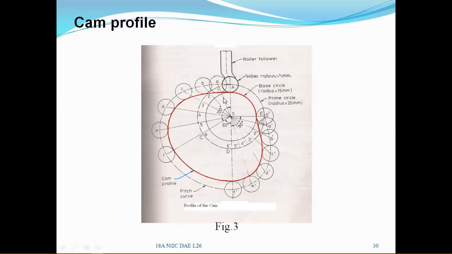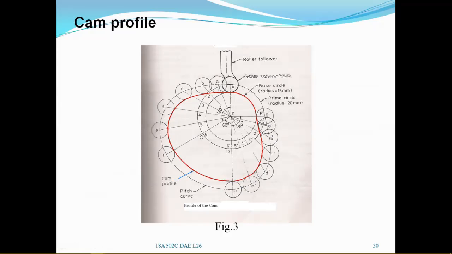Then you will get various points. If you draw a smooth curve through them, you will get the cam profile, and if you draw a curve through the trace point or center of the roller, you will get the curve called the pitch curve.